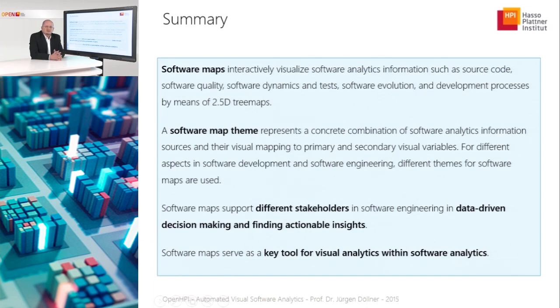We also have introduced the concept of software map theme, which represents a concrete combination of software analytics information sources and their visual mapping to primary and secondary visual variables. For different aspects in software development and software engineering, corresponding different themes for software maps are typically used.